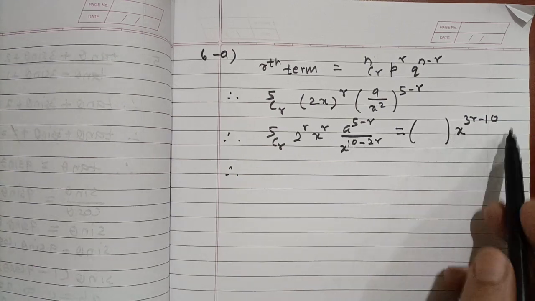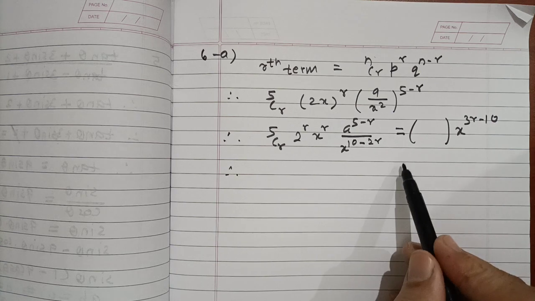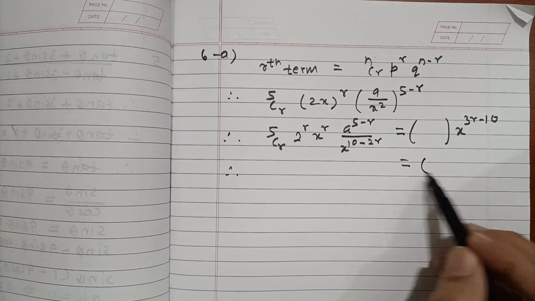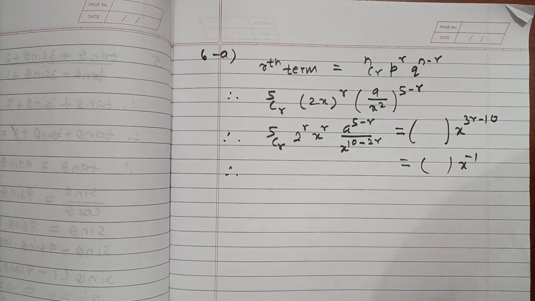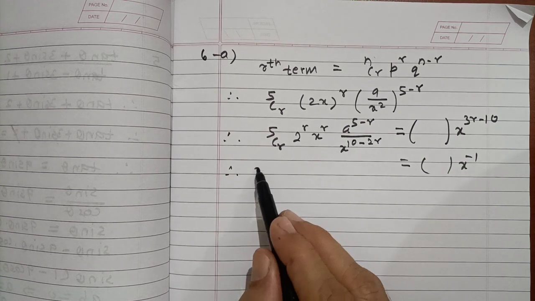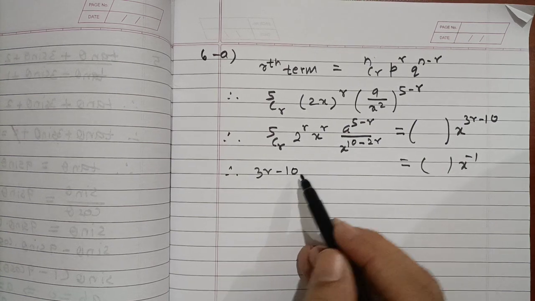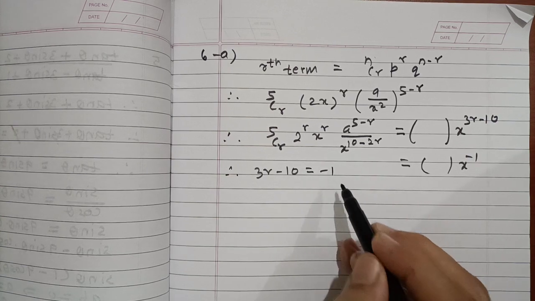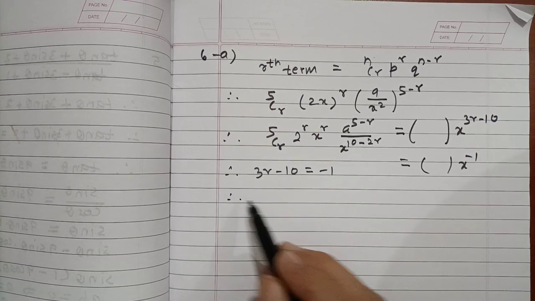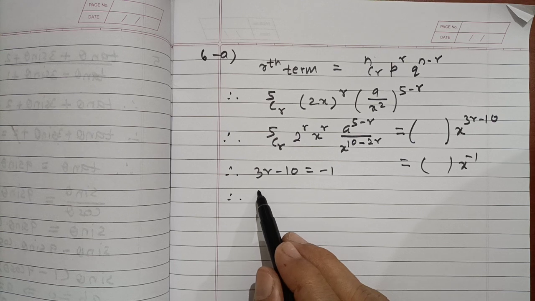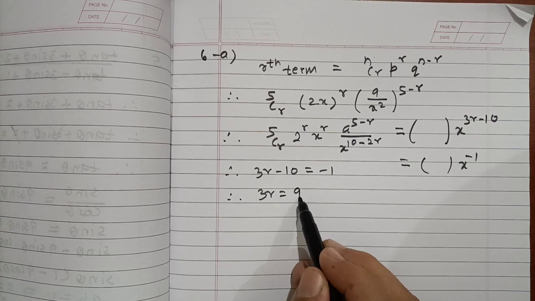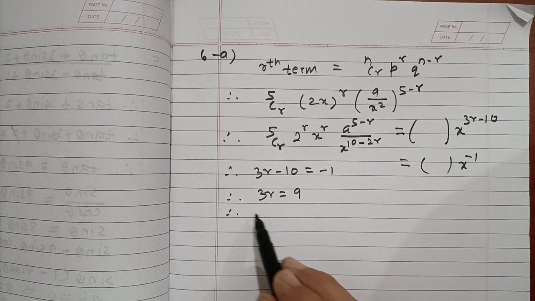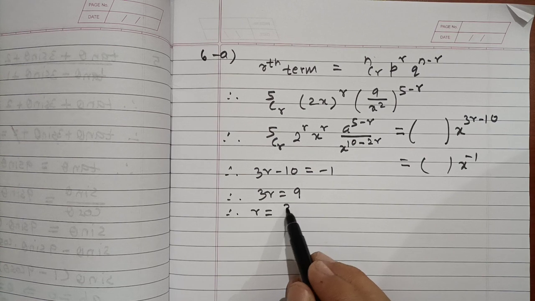This part is actually equal to x to the power minus 1, that is 3r minus 10 is equal to minus 1. So therefore 3r is equal to 9, therefore r is equal to 3.